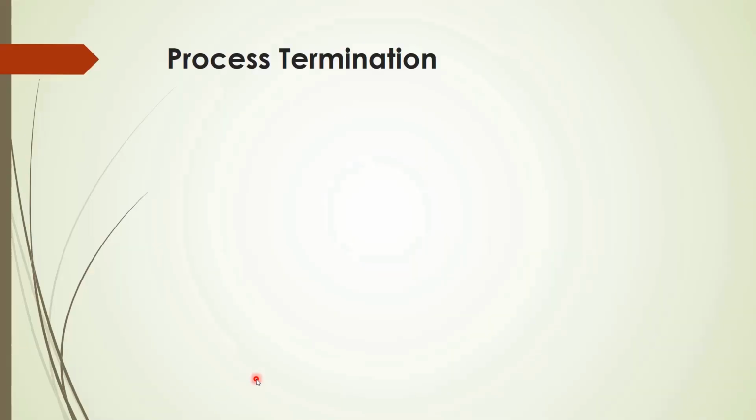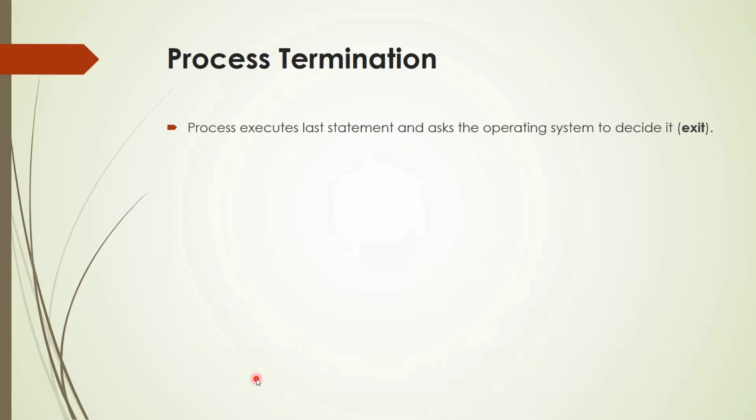Now let us look at how process termination takes place. Process termination can take place in two ways. Either the process, in this case the parent process or the child process, executes its last statement and asks the operating system to exit using the exit system call.